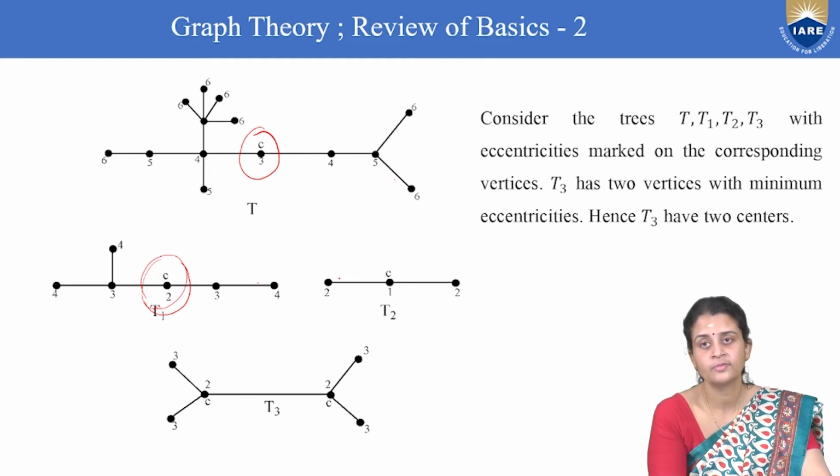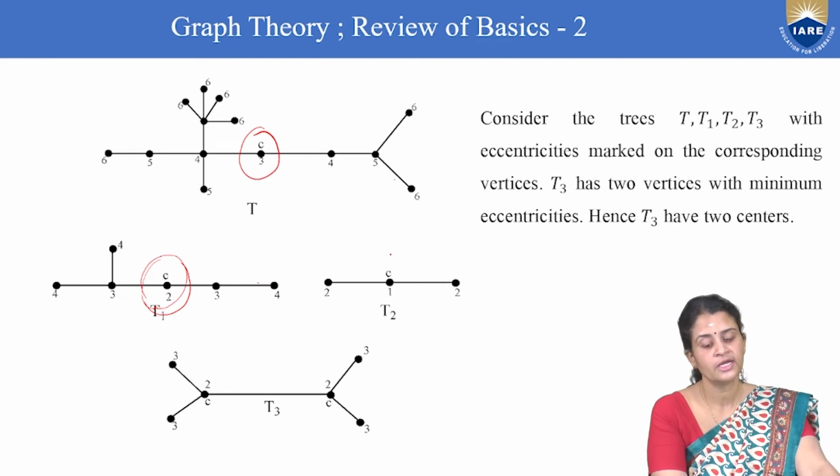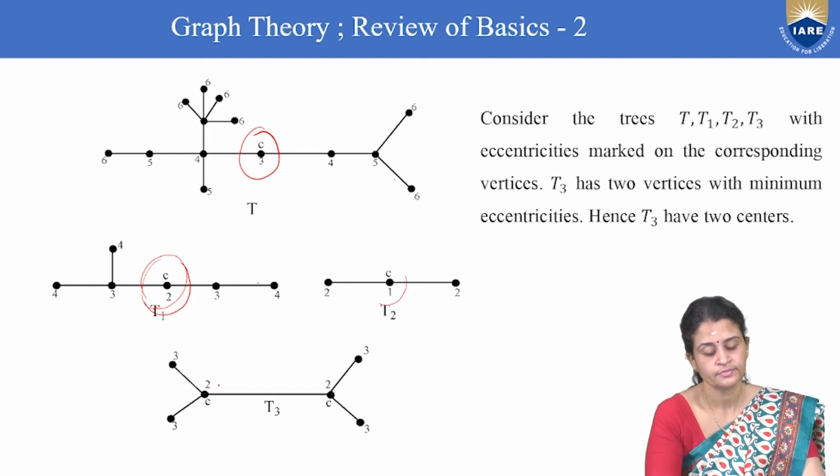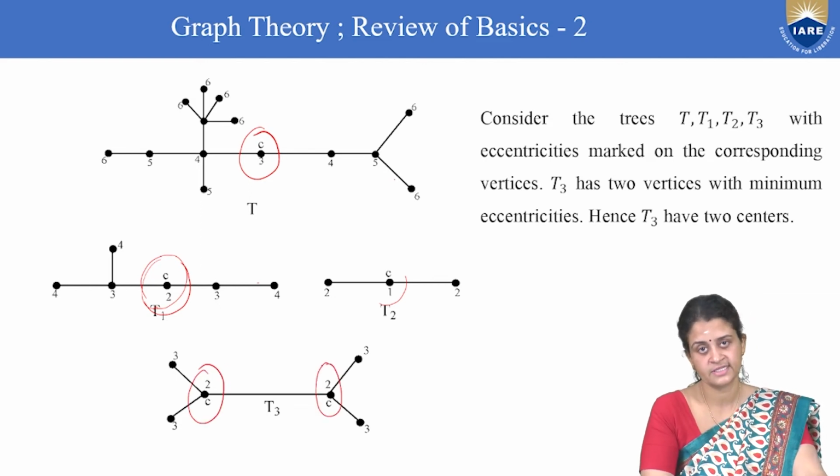Here also, if we start from here, we can see that the eccentricity is 2. But when we start from this vertex, the eccentricity is 1. So it is termed the center of the graph. And from here we can see that there are 2 vertices with the same eccentricity.